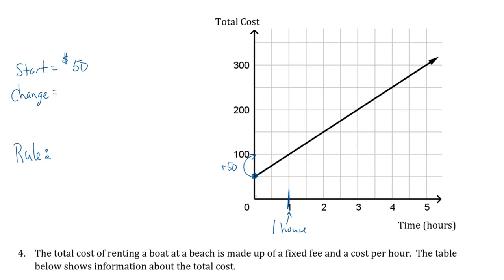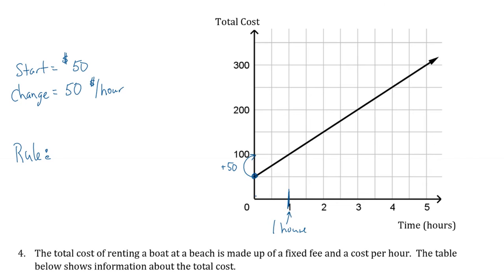Again, I could use my calculator to calculate that if I want, but if I can do it in my head, then that works too. So I've gone 50 in 1 hour. So the change is $50 per hour. This is a strange question. It wouldn't be a good test question because you wouldn't be able to tell which 50 is which when I put them in the rule. Both the start and the change, in this case, happen to be 50.